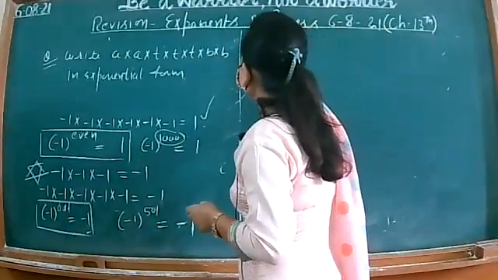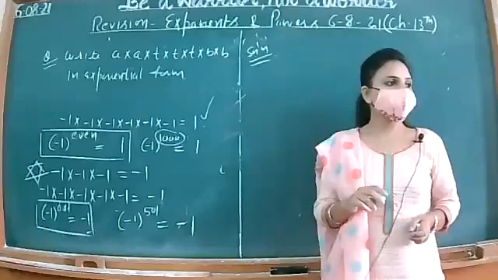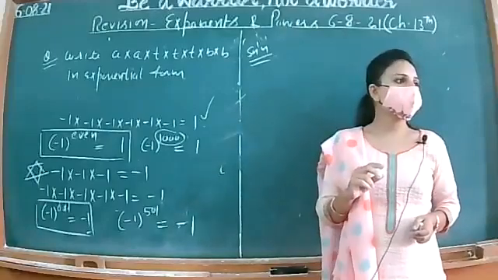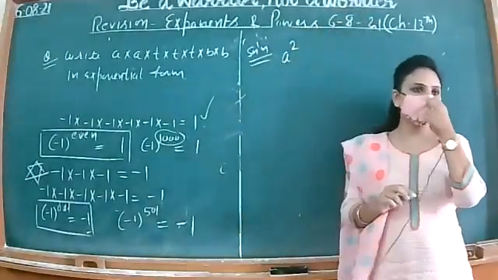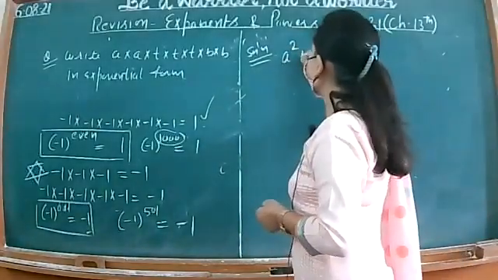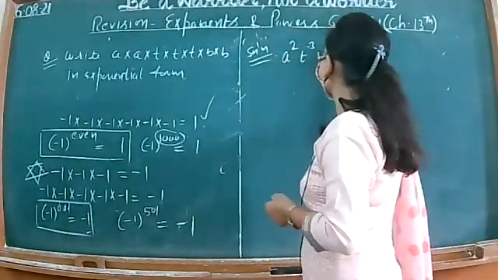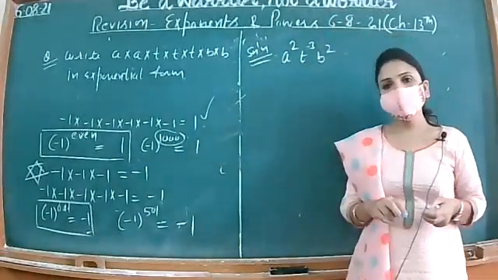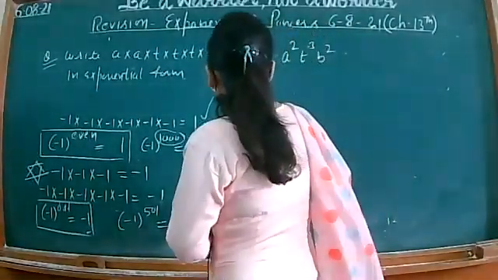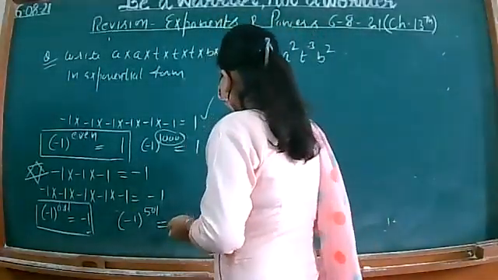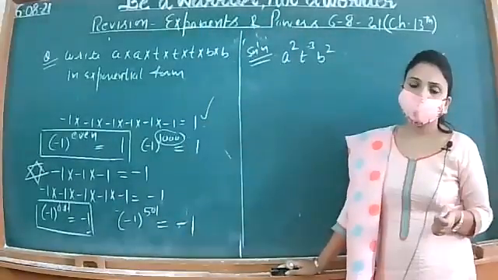Solution. How to write in exponential form? How many times is A appearing in the expression? 2 times. So A raised to power 2. How many times is T appearing? 3 times. So T raised to power 3. And how many times is B appearing? So B raised to power 2. This is how to express the number in exponential form.